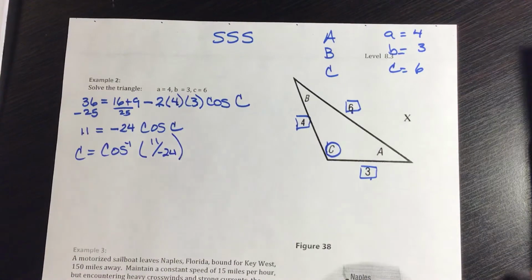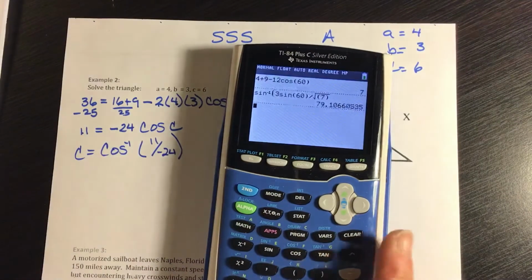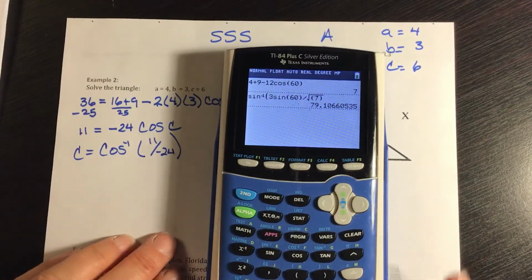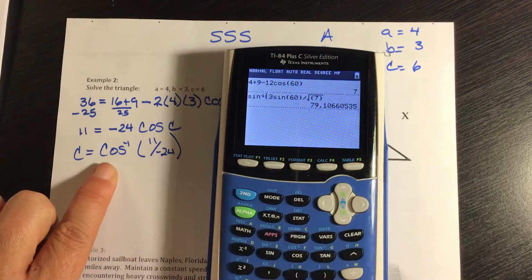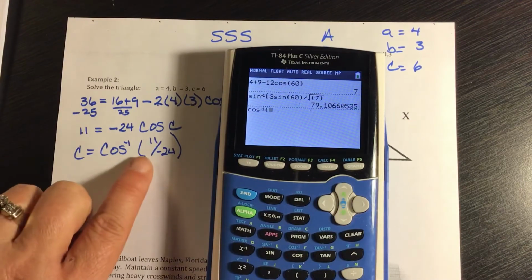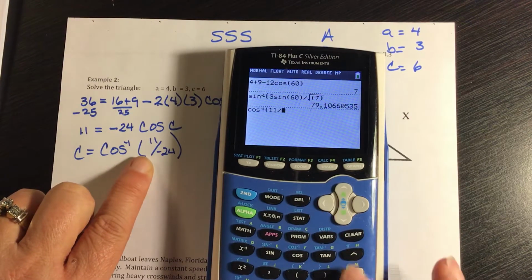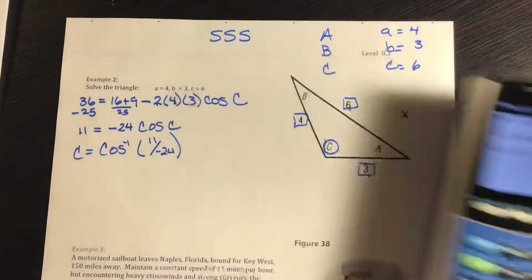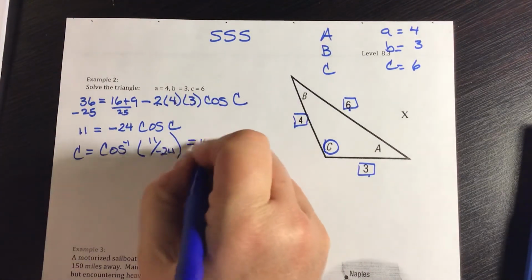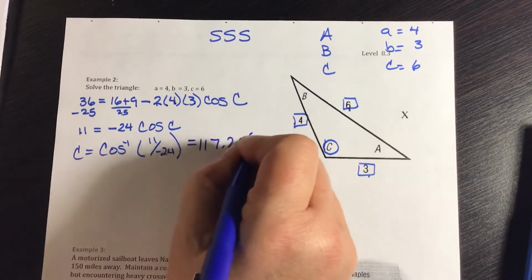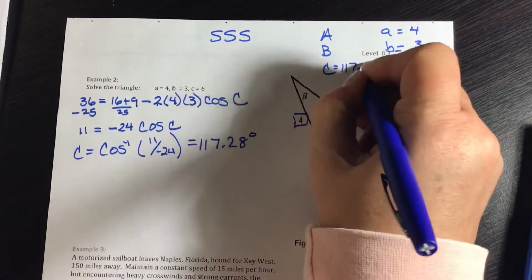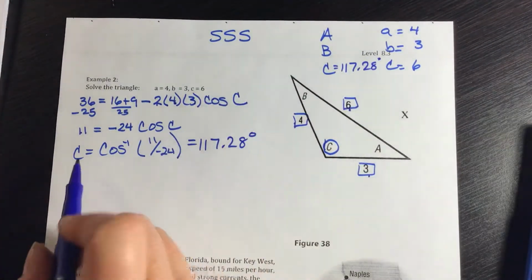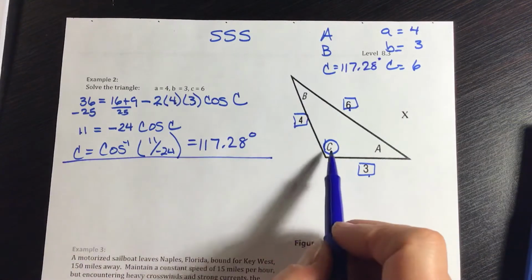So on my calculator, I will do inverse cosine of 11 divided by negative 24, and I get 117.28. All right, so there is my first angle.